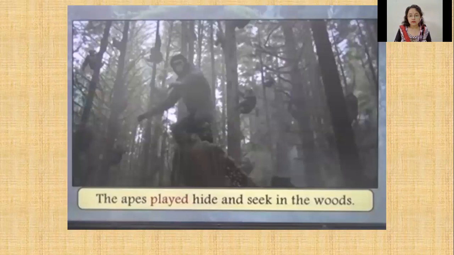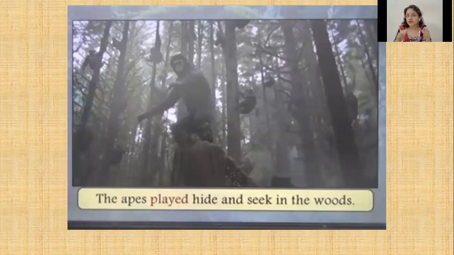What did the apes play? Hide and seek. Where? In the woods. So my dear kids, if you talk about this sentence, we are getting the answer of the question where, that is in the woods.